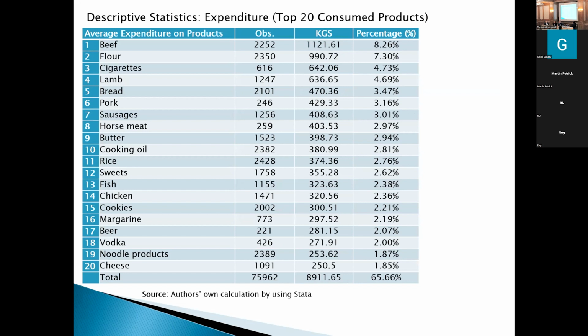In our model we have also decreased this to 42 products. For these 20 products, households spent about 66% of their budgets in general.